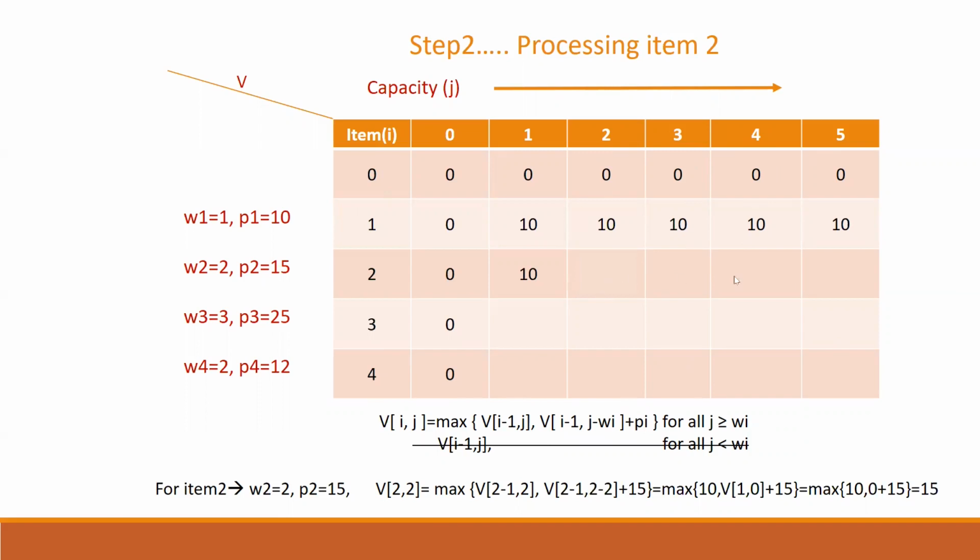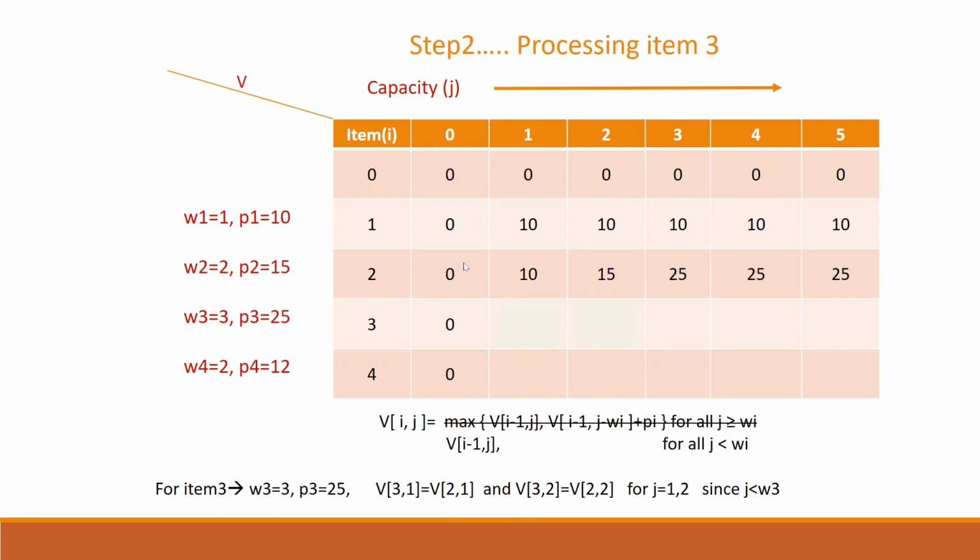So for these 4 cells, this formula is used. Here we are checking whether the old profit is chosen or considered. Now see here, I is 2, W of I is also 2, J is 2. So V of 2 comma 2 is nothing but V of 2 minus 1 comma 2.